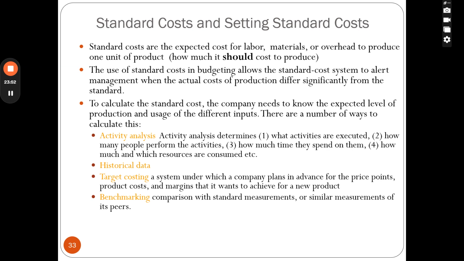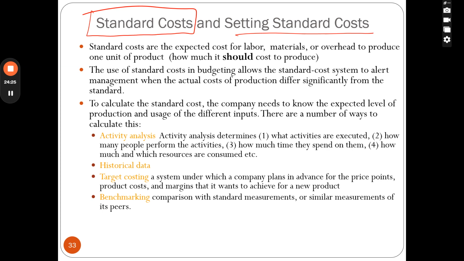Now we will be discussing standards, or standard cost, and setting standard cost. So what is a standard cost? Just imagine you don't have any benchmark to check with related to the cost of the products. In this case, how will you know I made my product at a reasonable cost? You will not be able to know, right?